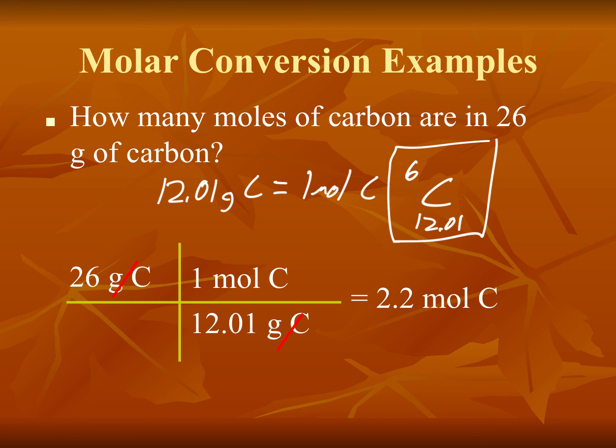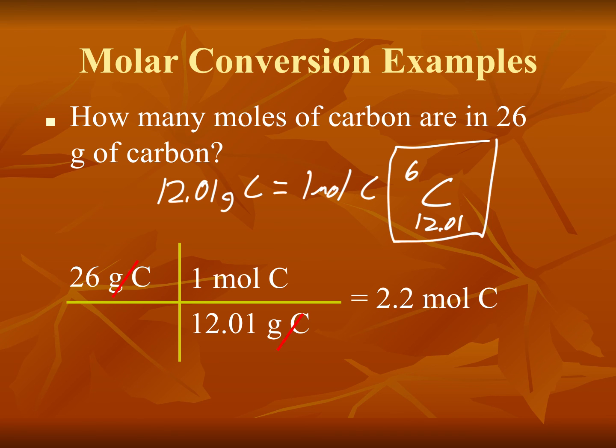And that's that equivalency statement, the same as we had with time, that we're now able to use here. And we just put the grams of carbon on the bottom. And then remember, you divide what's on bottom, multiply what's on top. The units cancel out of grams of carbon, and we're left with just moles of carbon. And so you have the actual moles.